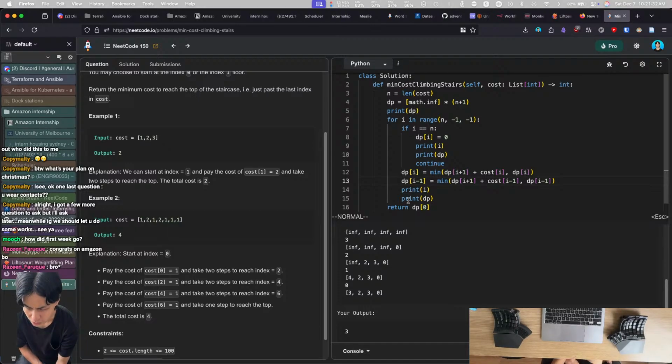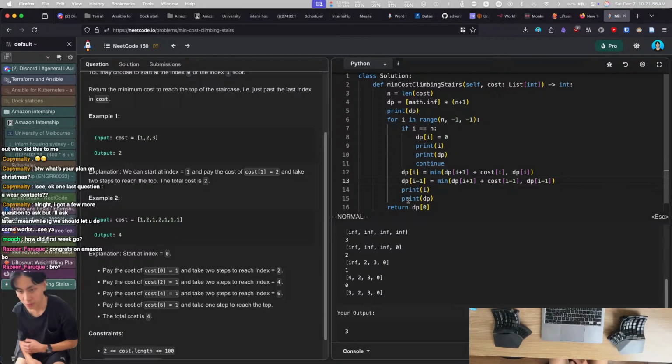If -1 is 0, when you reach 0, it's -1 is going to be 0. Sorry, -1 is going to be 0, and then what?